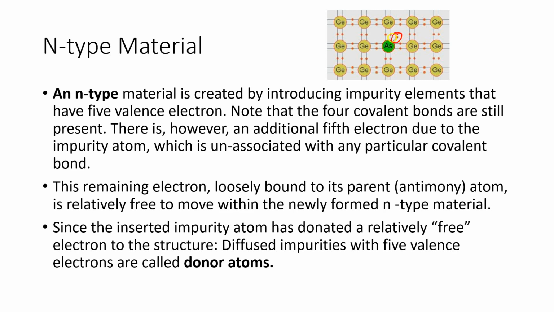So now, this material is an N-type material, because you would have used a group 5 element, and now you essentially have extra negative charge in an N-type material, because electrons are negatively charged. For that reason we can call it N-type material, because it has extra negatives.